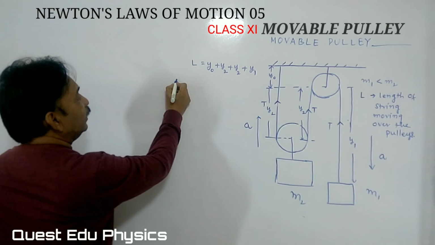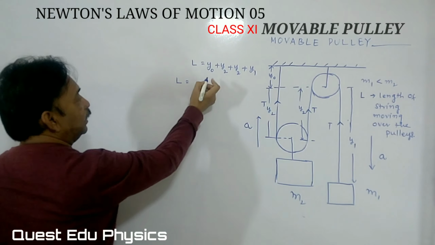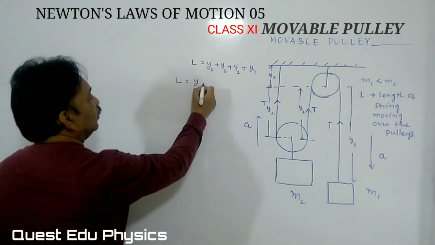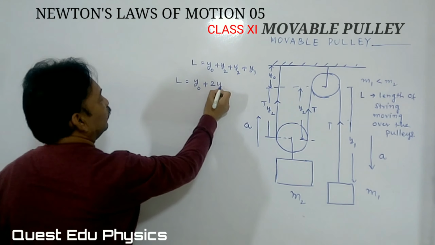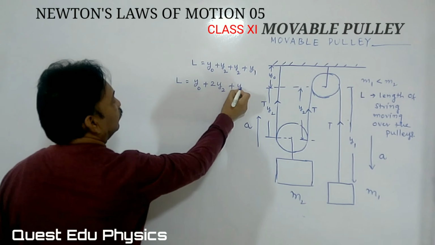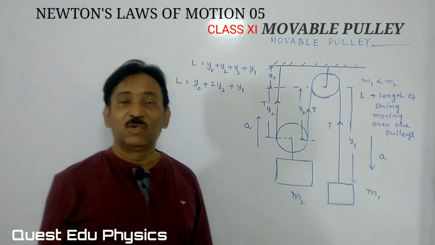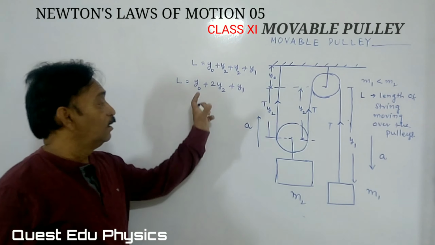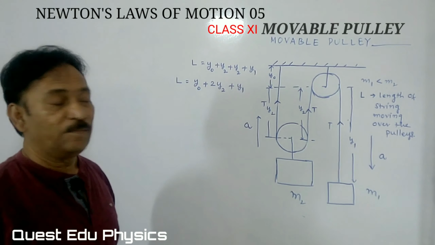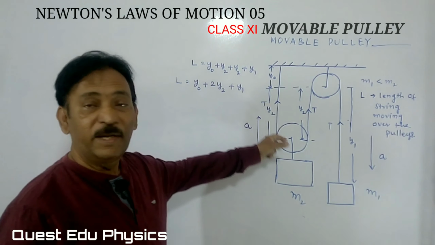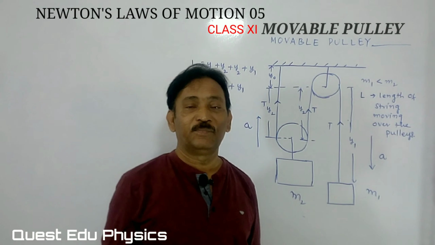It can be written as L is equal to y0 plus 2y2 plus y1. This is the total length of the string, students. It is all happening in a given interval of time.